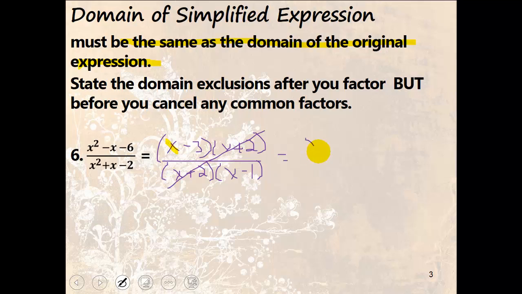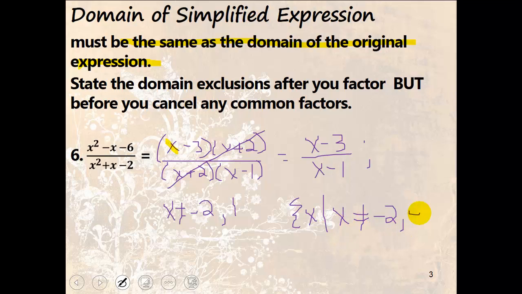And I would get x minus 3 over x minus 1. Then I would look back at my original before I crossed out, and I would have said x cannot equal negative 2 or 1. So my domain would be all x's such that x cannot equal negative 2 or positive 1.